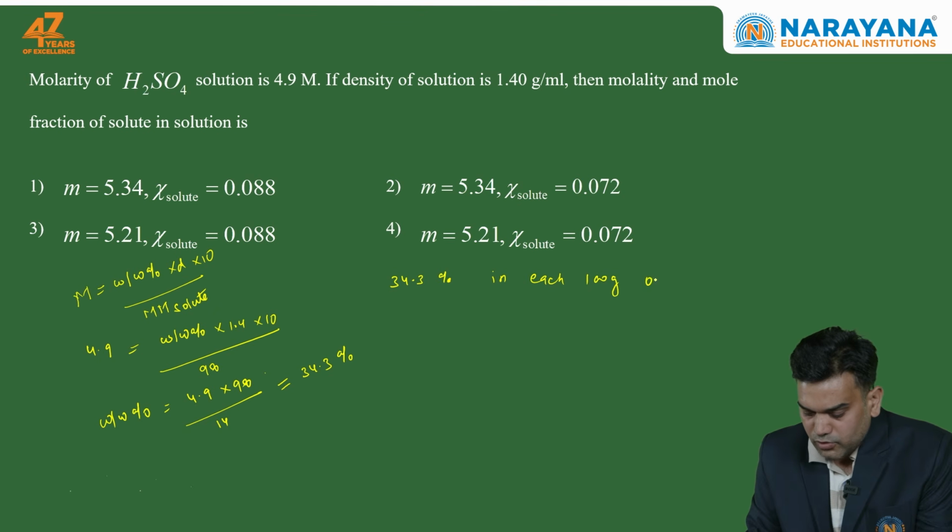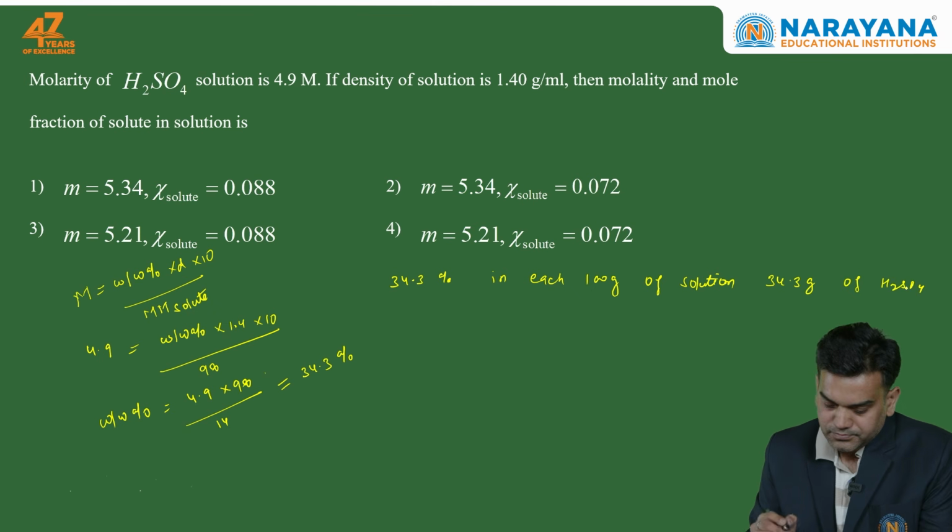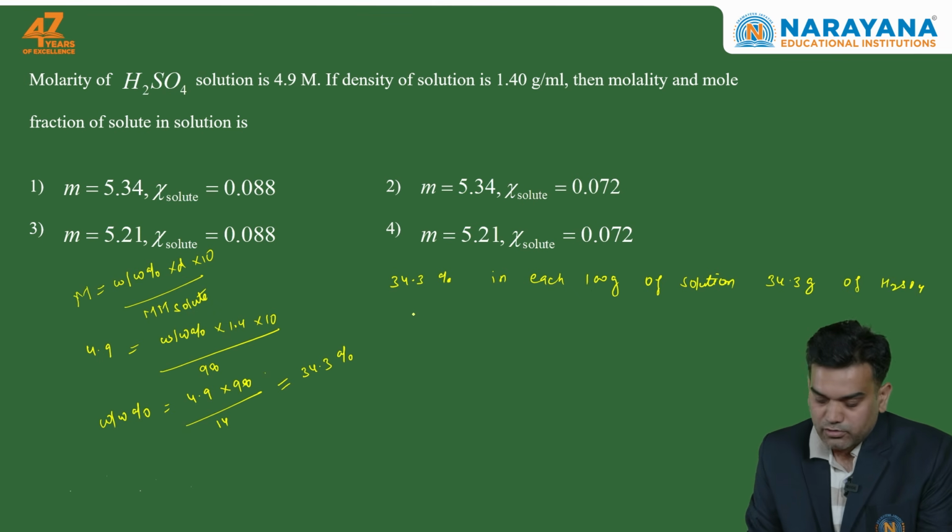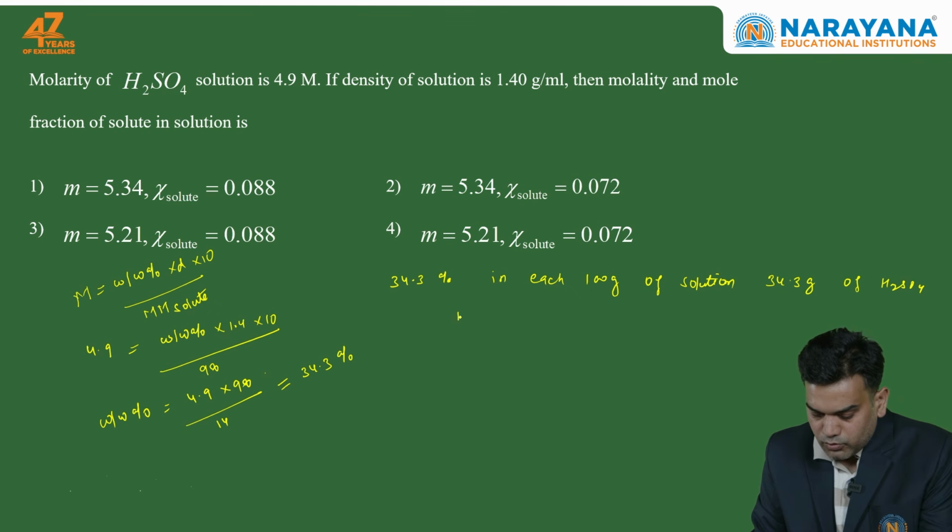in each 100 grams of solution, we have 34.3 grams of H2SO4 and the remaining will be the solvent. So solvent will be equal to 100 minus 34.3 grams.